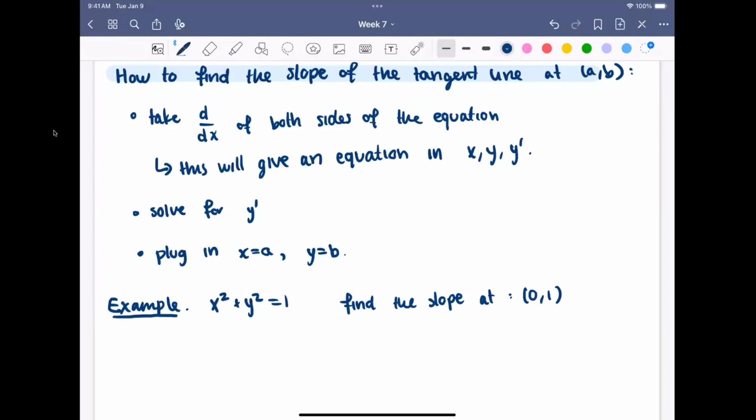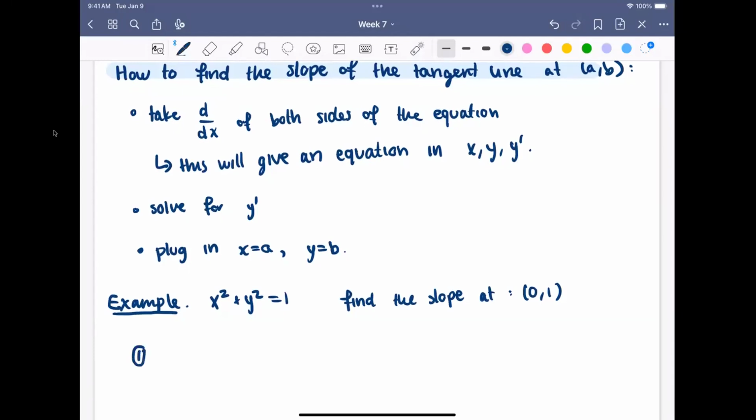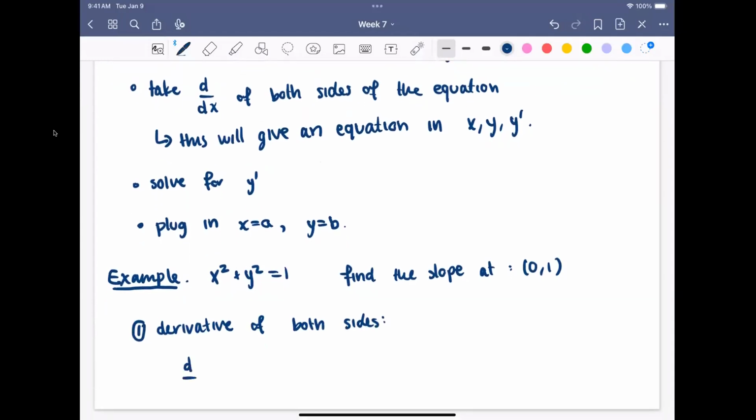Okay, so step 1, take the derivative of both sides of the equation. So I'll have d/dx of x squared plus y squared is equal to d/dx of 1.